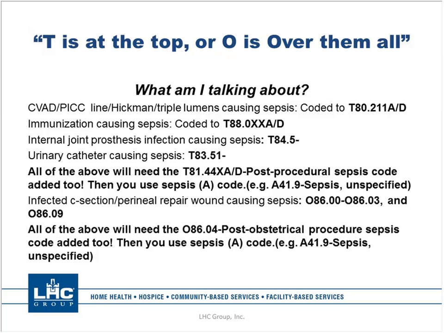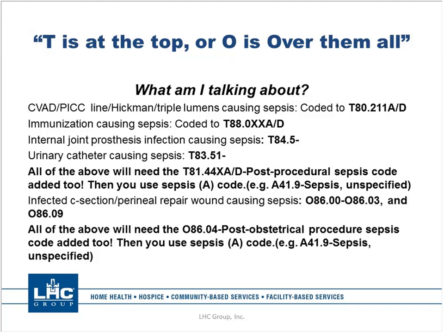If you're dealing with obstetrics, such as an infected C-section or an infected perineal repair, God help her, wound, and this is causing sepsis, then you're going to have to identify this with your O code first. Remember, O is over them all, which is an O86.00 all the way through O86.03.